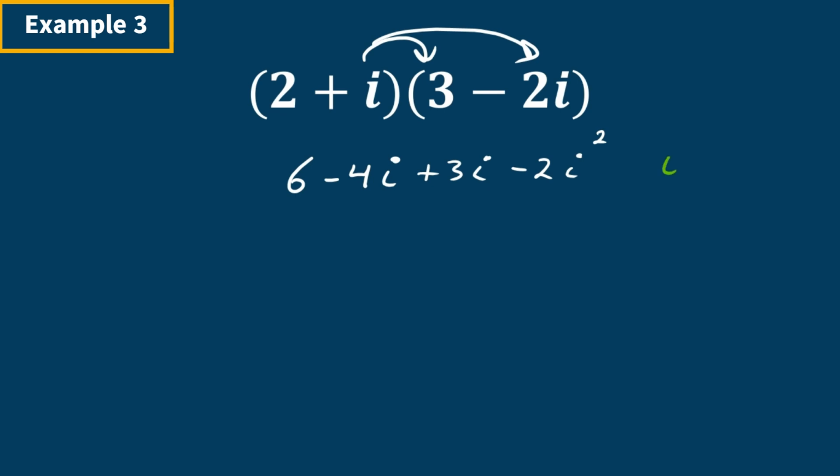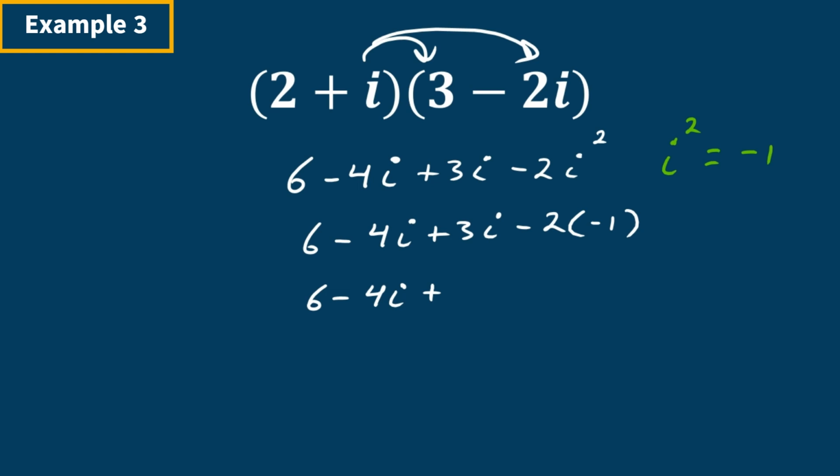What we know is that i squared is equal to negative 1. So let's rewrite this. We'll have 6 minus 4i plus 3i minus 2 times i squared, which is negative 1. So now we have 6 minus 4i plus 3i plus 2.